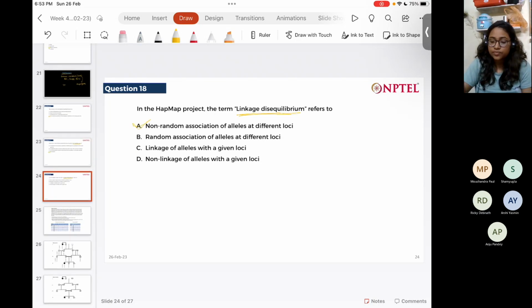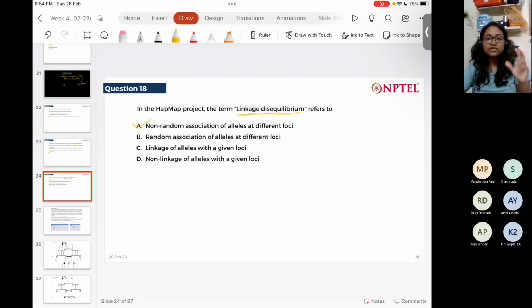It is A. If there is a possibility of randomness, people remove that possibility and only look at the non-random thing, meaning it is bound to repeat over and over through the generations or within populations. So linkage disequilibrium refers to non-random association of alleles at different loci.